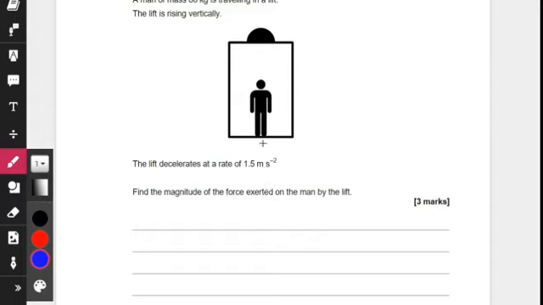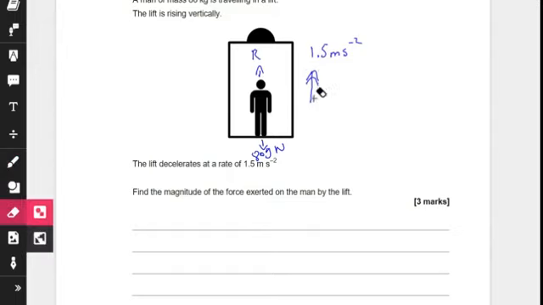So we've got the man's weight, which is 80g newtons, and we've got this reaction force. Which way is the lift going? It's rising. Okay, the lift is rising vertically, but it's decelerating, which is a very important point.